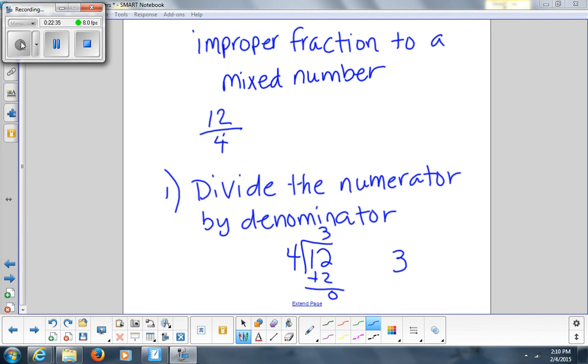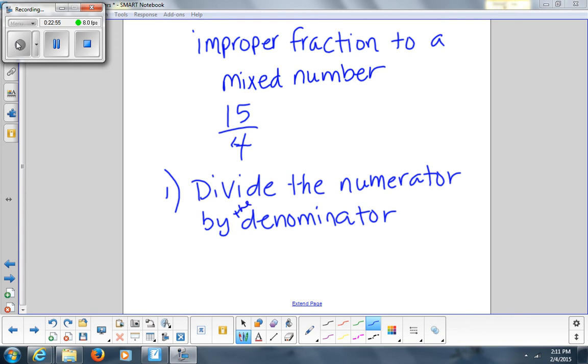Okay, let me know when you're done taking those notes. Done. Okay, if I have 15 fourths, what's my first step? 15 divided by 4.